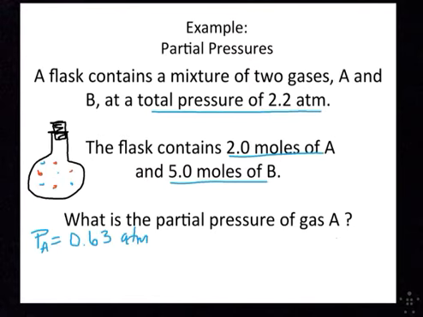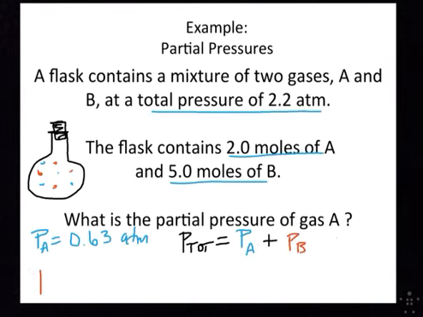Sorry, I forgot to pause it when I was doing the erasing there. So to get the total pressure, we have just the sum of the partial pressures. So PA plus PB.